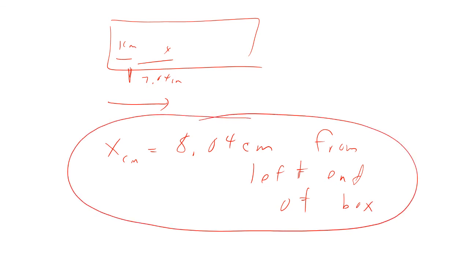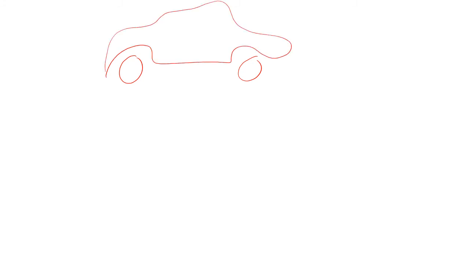So now you can actually use this kind of strategy to find the position of the center of mass. Well, it relates to automobiles. So you have an automobile, and the engine is in the front of the automobile.